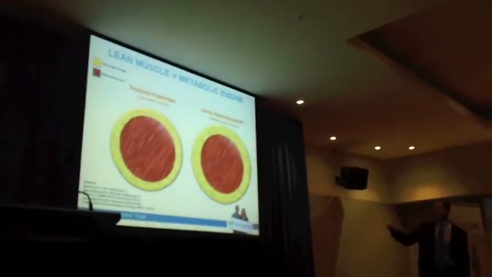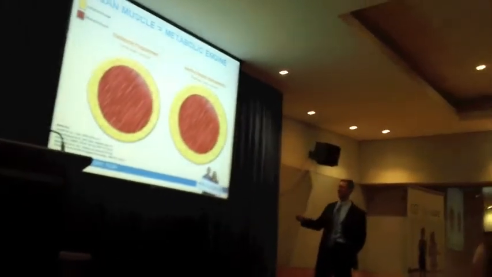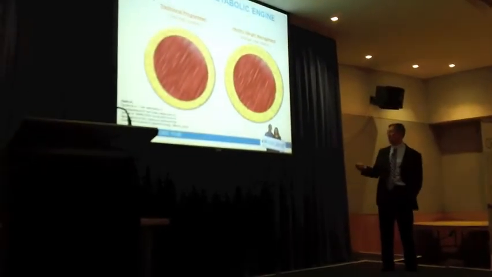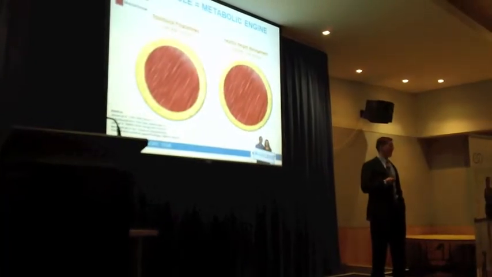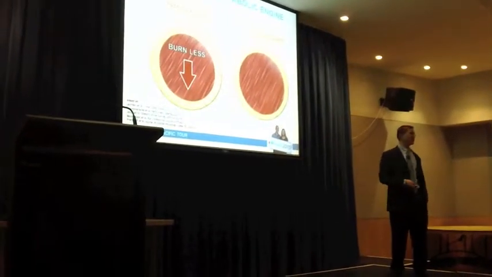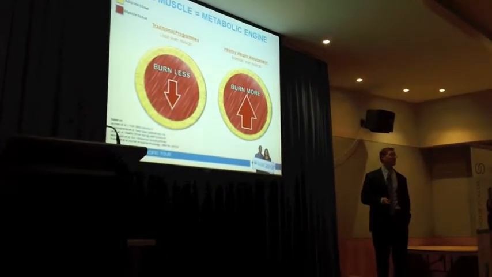This individual is going to have appropriate dietary intakes of protein, fat, carbohydrates, and they're taking these fantastic supplements that are going to protect against muscle loss. And so they lose only the fat, they don't lose the muscle tissue. And so over here, you've got reduced metabolism. Over here, you have increased metabolism.